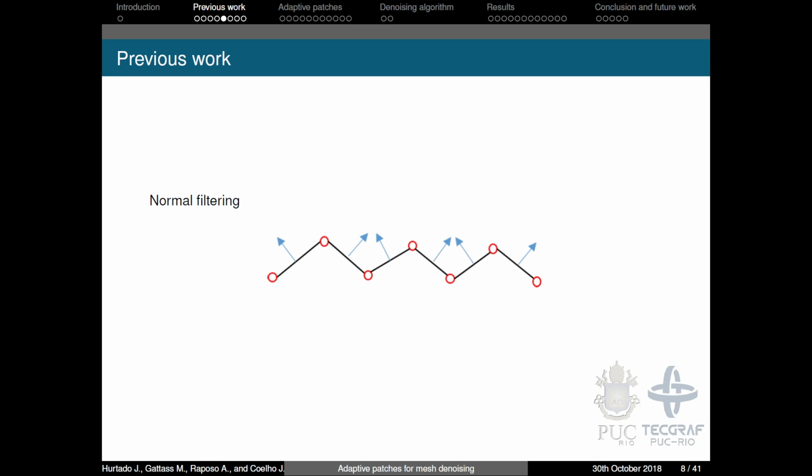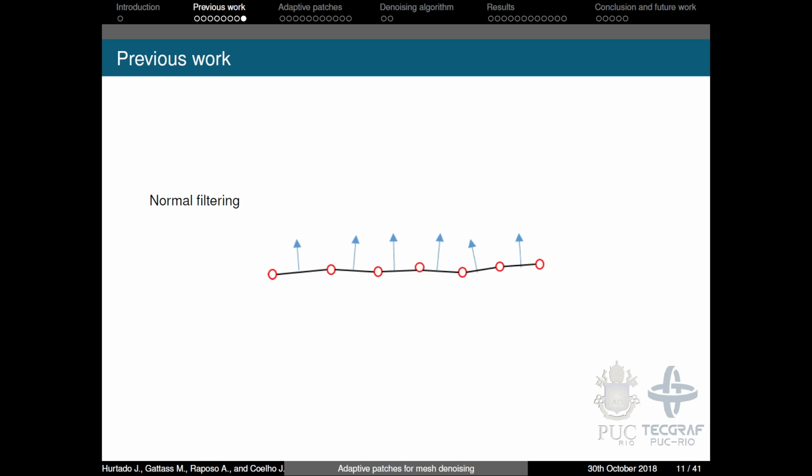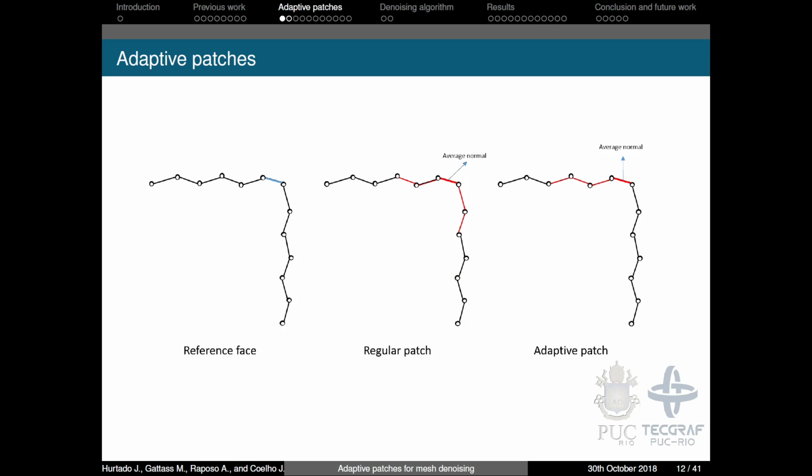So this is an example where we have the normal field of this mesh. We first consider the normal field, we filter it, and then we adapt vertex positions to fit the faces to the new normal field. We propose to solve the problem of detail preservation by using adapted patches.